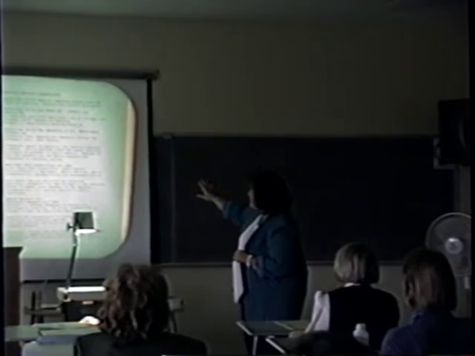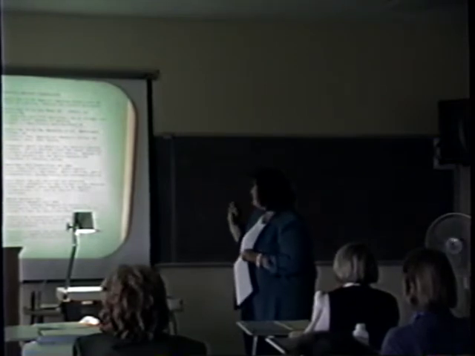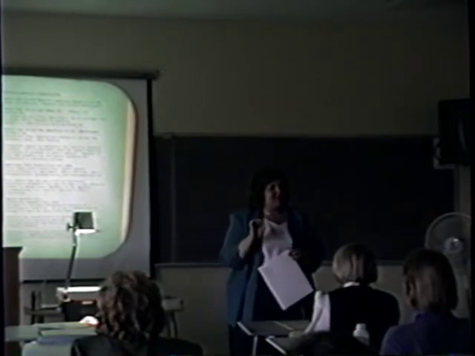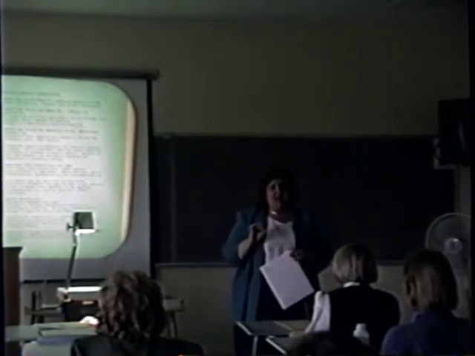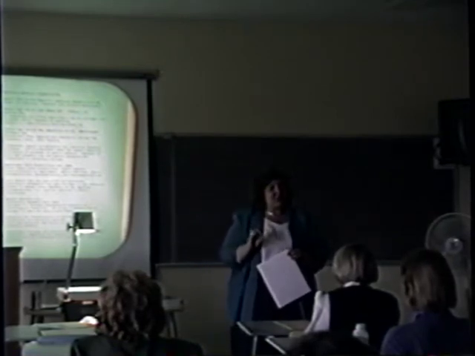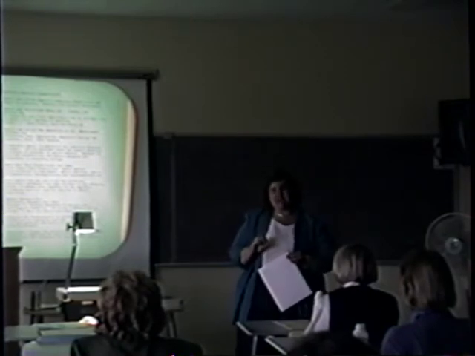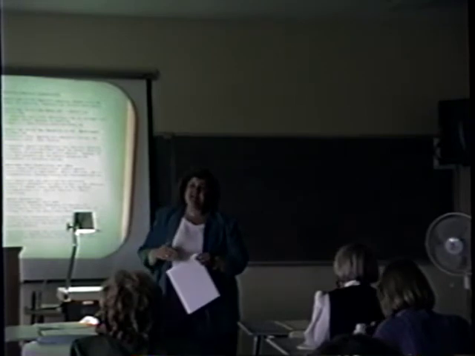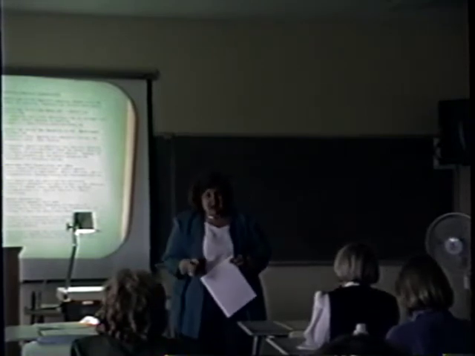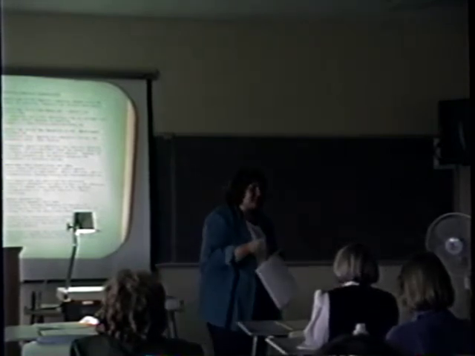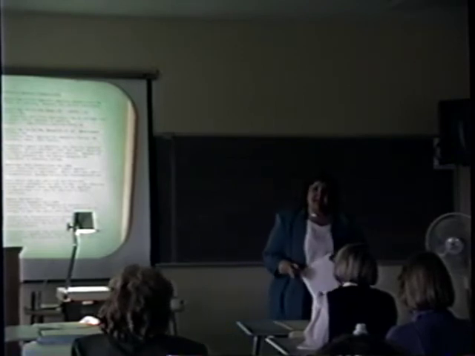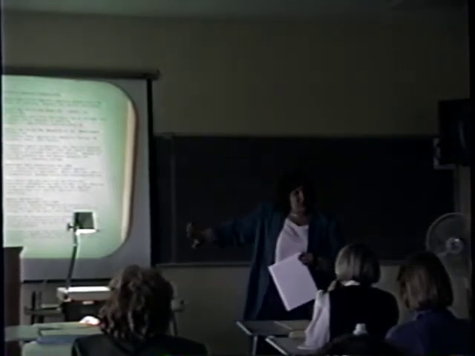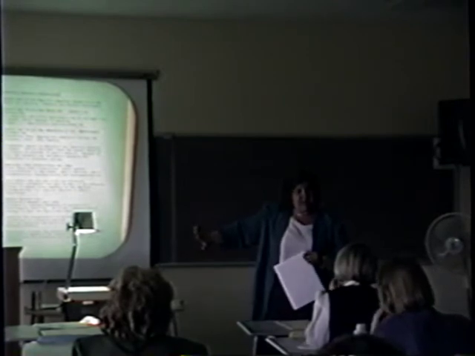One aspect of that law was that these children had to be served in what they call the least restrictive alternative. LRE is a very important concept in the elementary schools. That means that if a student is diagnosed as retarded or physically handicapped or hearing impaired or learning disabled, you can't shove them into a special class or a special school if that's not what's needed for them.